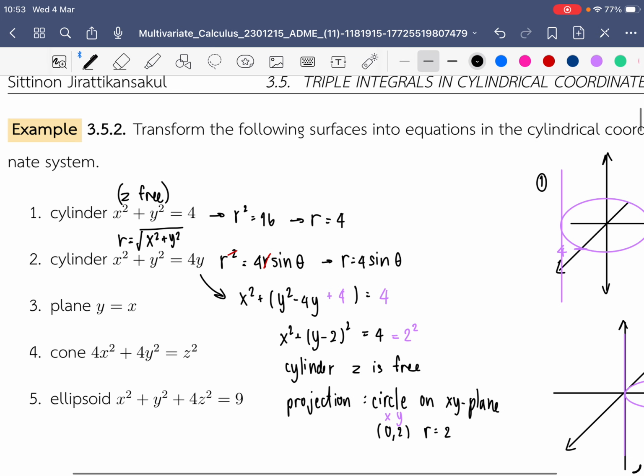In terms of the cylindrical coordinate system, it says r equals 4 sine theta. If you want to remind yourself, that is 3, the same as the first one.